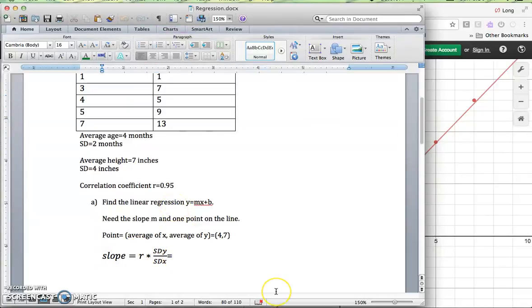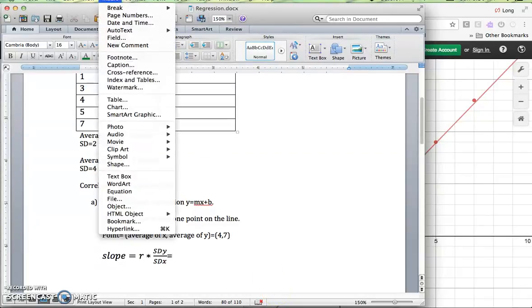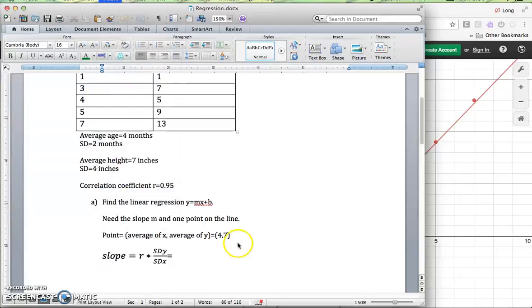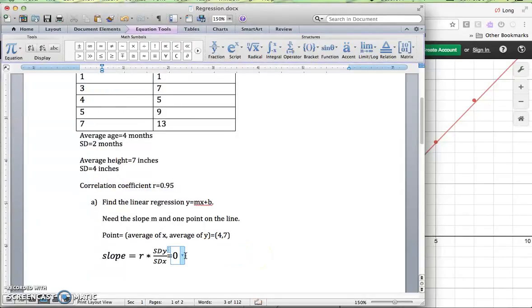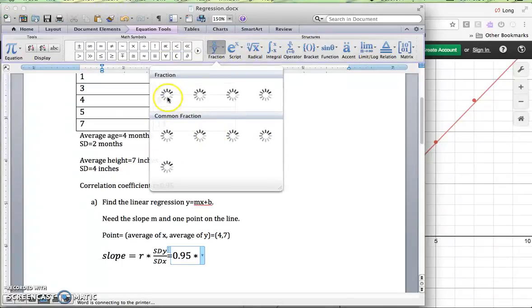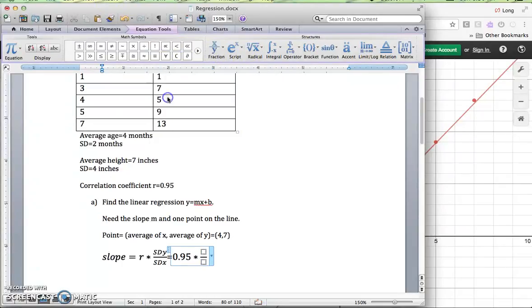In this example, the linear correlation is 0.95, so we have 0.95 times the SD of y, which is the height, and the SD is 4.